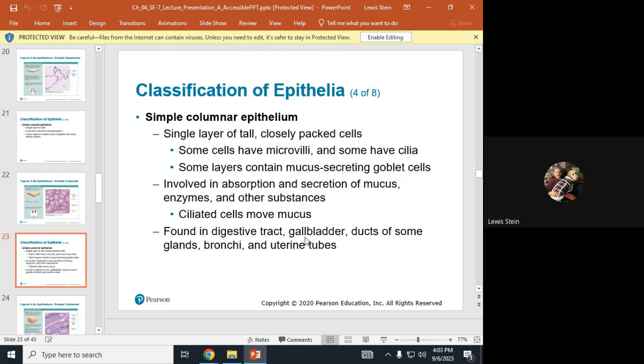Most of where we see these are 2 areas. Simple columnar, we see it in the GI tract all the time. Whenever you see columnar, frequently they have cells called goblet cells, because they look like a drinking glass, that make mucus. The other area, with a slightly different arrangement, is in the passageways leading into the lung.